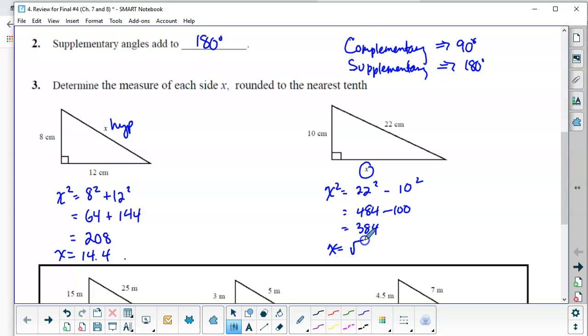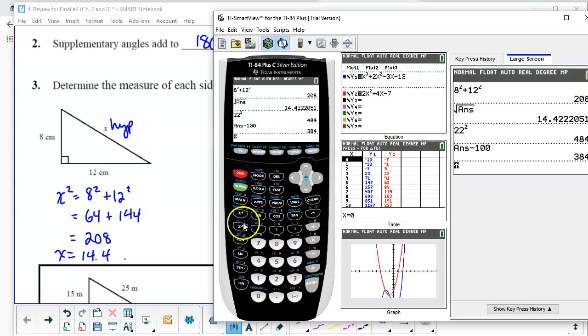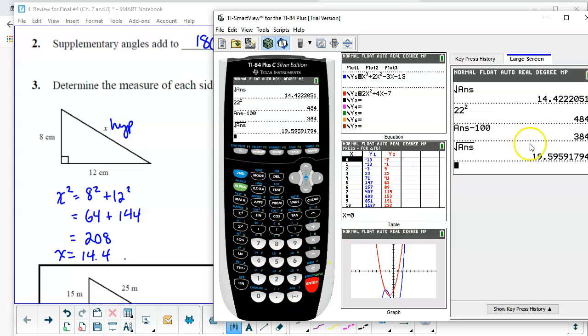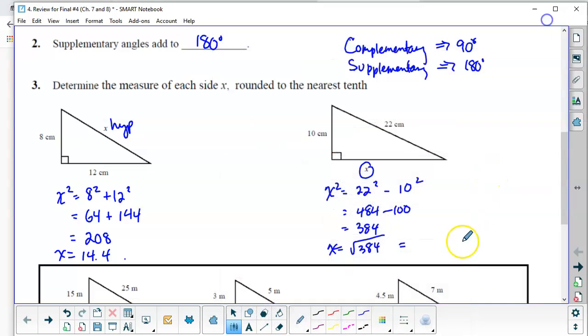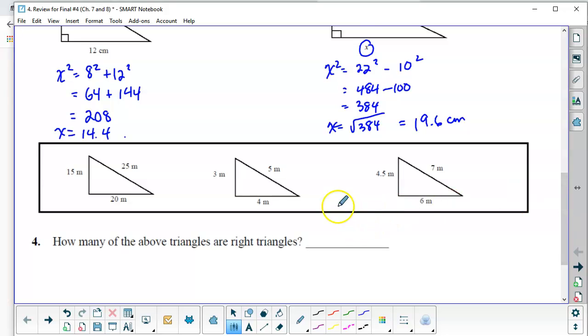So x is the root of 384. So minus 100, and then square root. That answer is 19.6 centimeters.